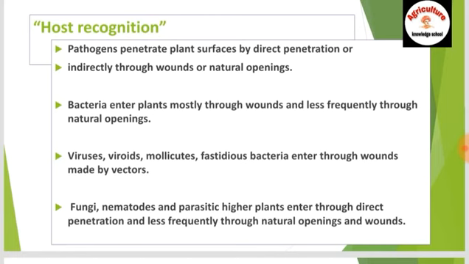Viruses, viroids, mollicutes and fastidious bacteria enter through wounds made by vectors. Fungi, nematodes and parasitic higher plants enter through direct penetration and less frequently through natural openings and wounds.